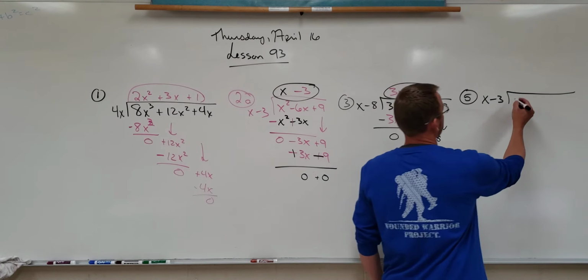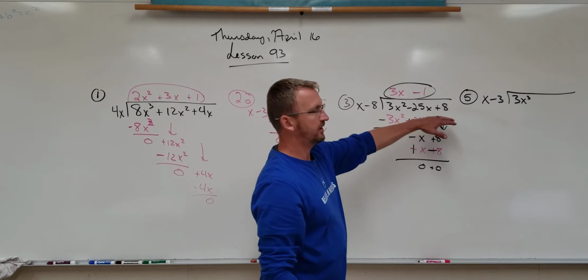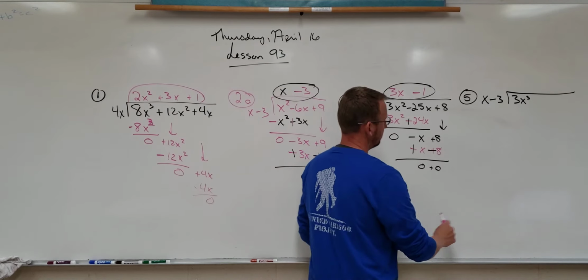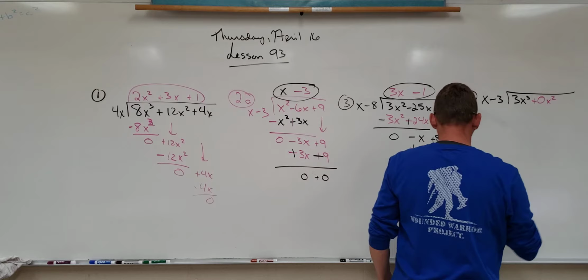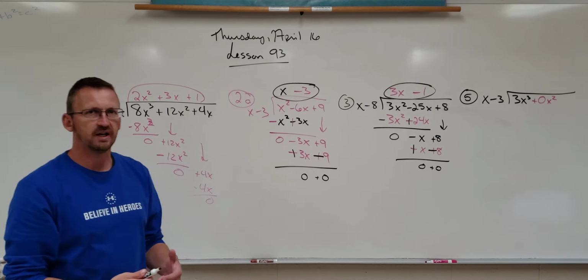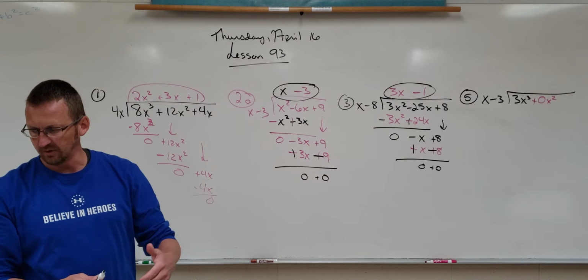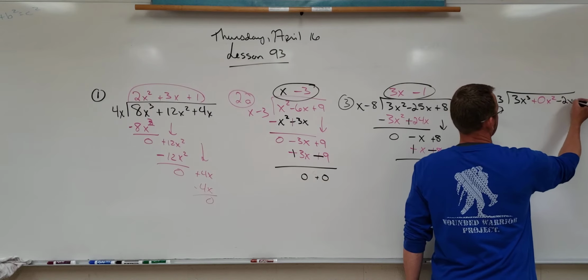Notice, if you look, we're missing something. Notice how these have gone in order. Example 5 is missing something. If you look, it's missing an x squared. You can't skip it. You gotta have continuous. So we add 0x squared in there, and then we continue on. Minus 2x plus 5.